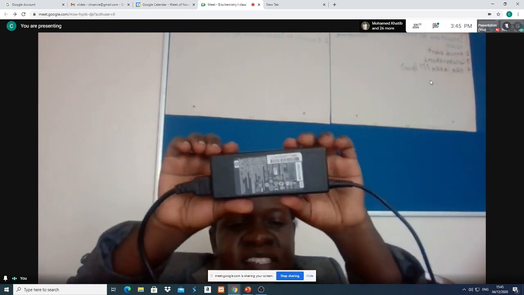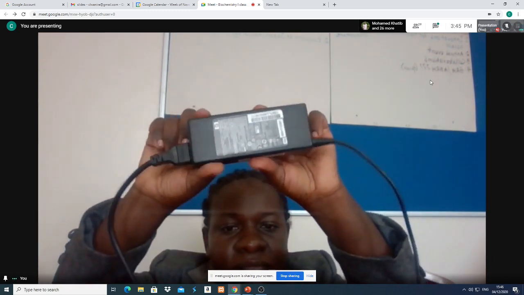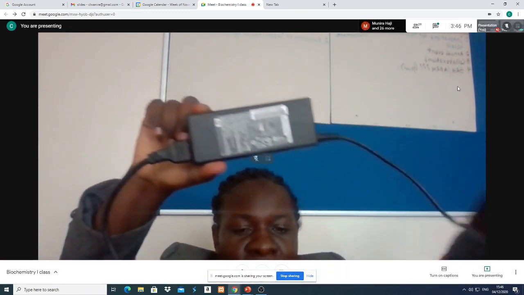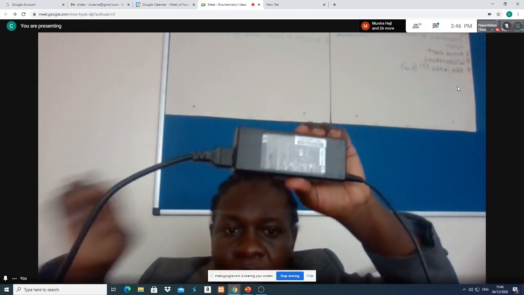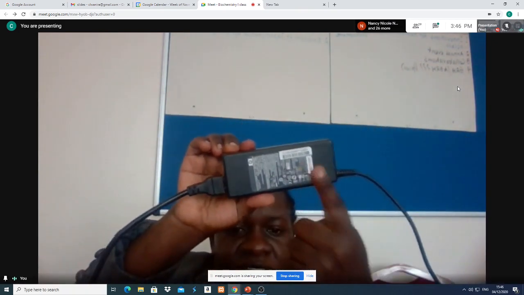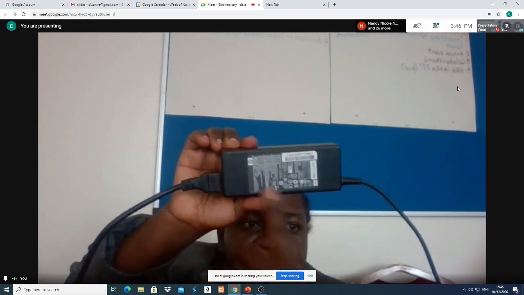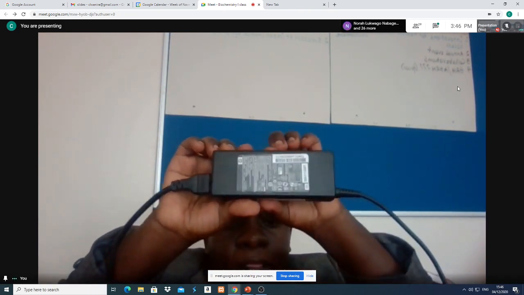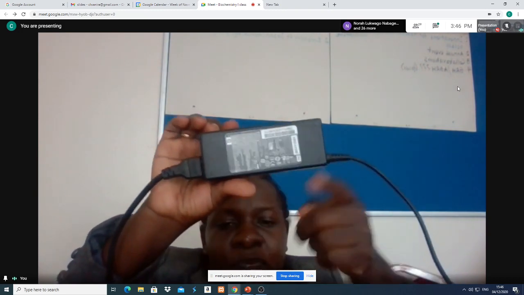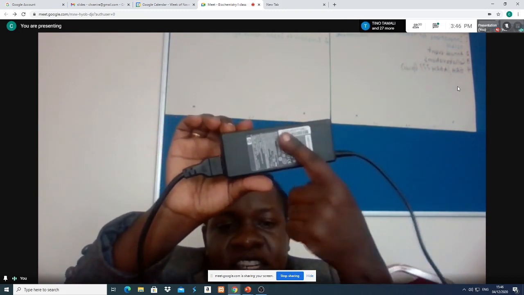So I'm demonstrating something to you. I have a cable, but I want to use it as an illustration. I have this, what do you call this? I don't know what you call it. What do you call it, you people who are doing electronics? This one.